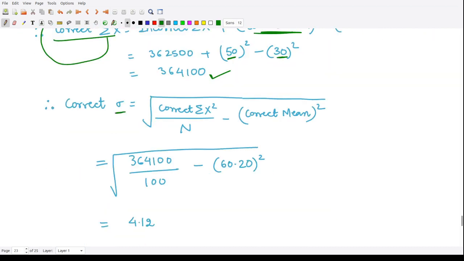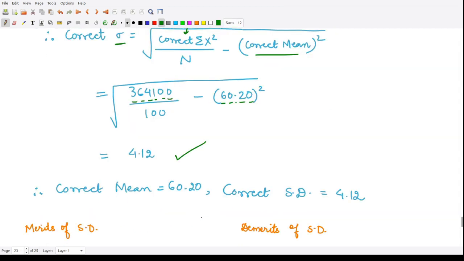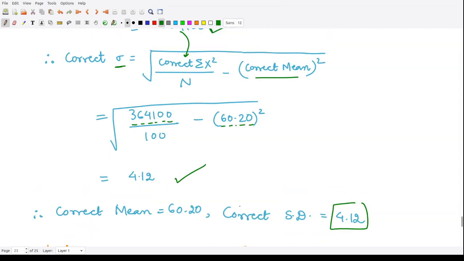We substitute 364100 and the correct value of mean, 60.20. This is equal to 4.12. So the correct standard deviation here is 4.12, and the correct mean comes out to be 60.20.